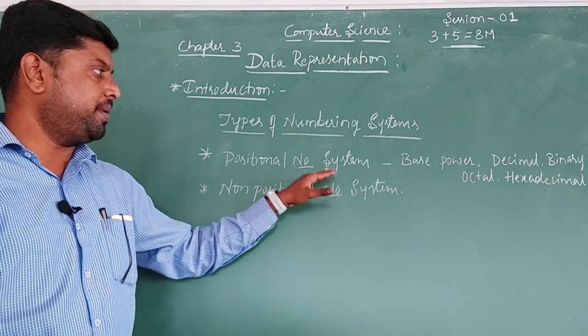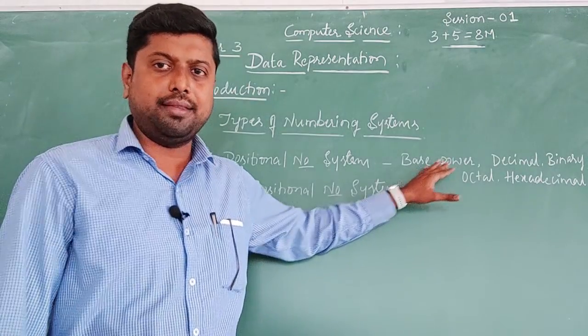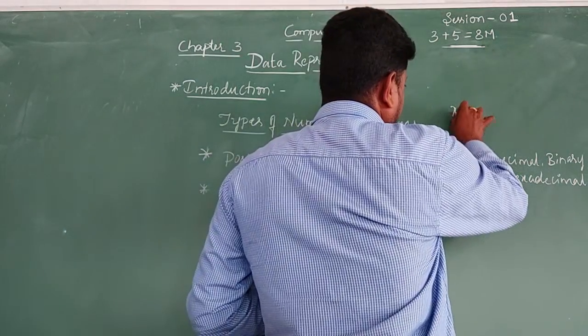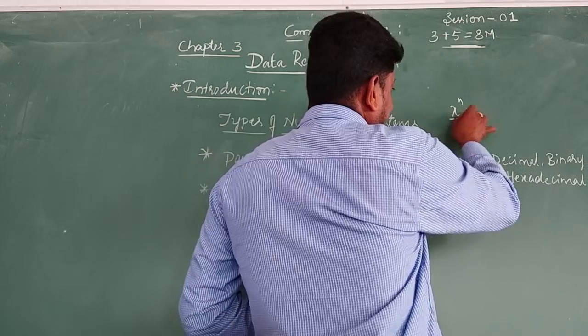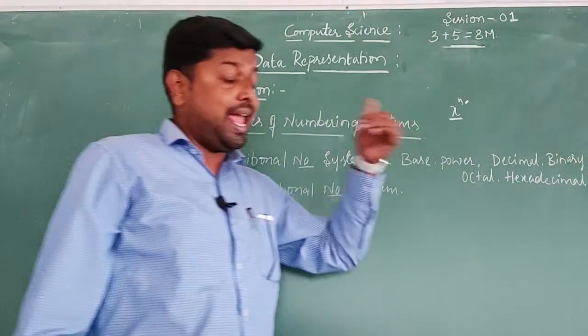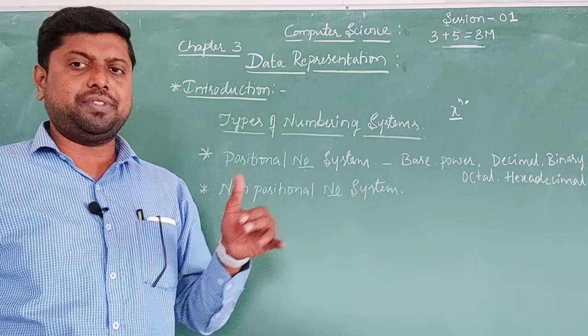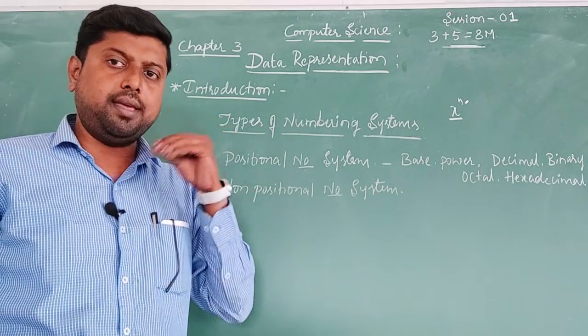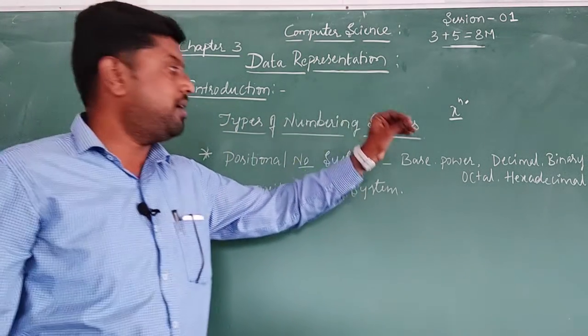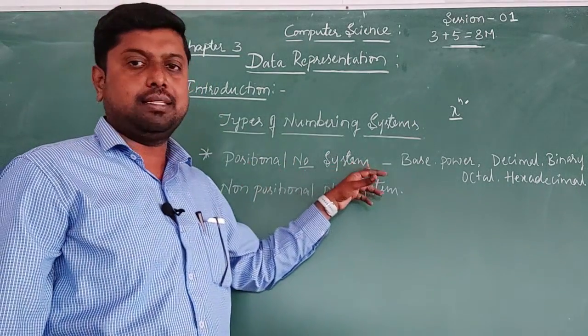This type of numbering system has its own base and power values, for example x to the power of n. Now x becomes the base and n becomes the power. So if any type of numbering system has its own base and power, that type of numbering system is what we call a positional numbering system.